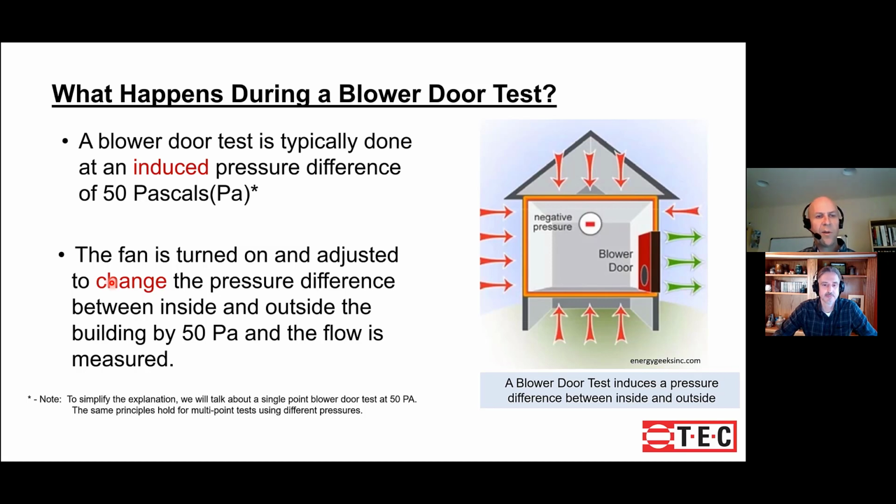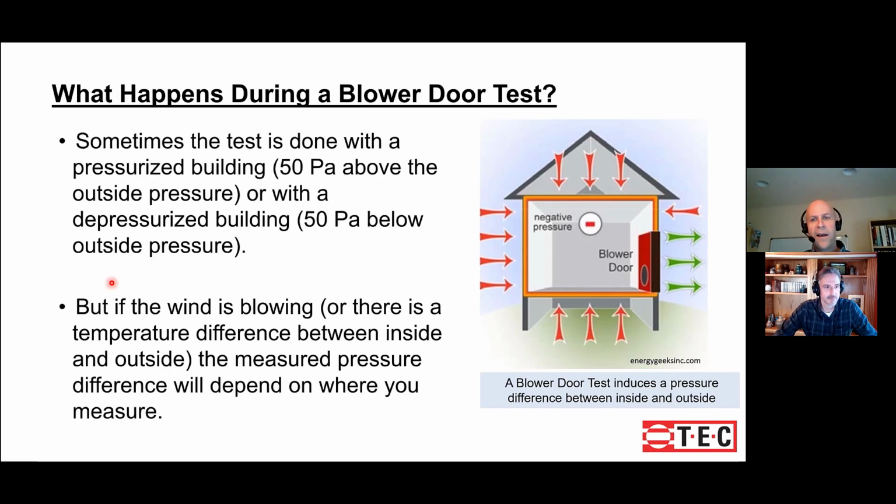So the most reliable measure of air tightness is to see how much flow it takes to change the building pressure by 50 pascals. We're showing a single point test here at 50, but the same principles apply to multi-point testing.